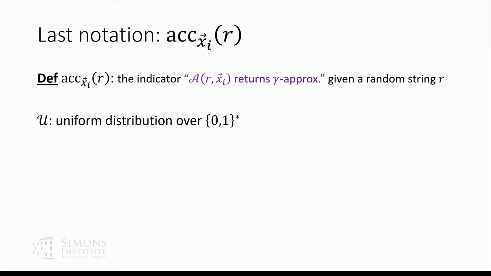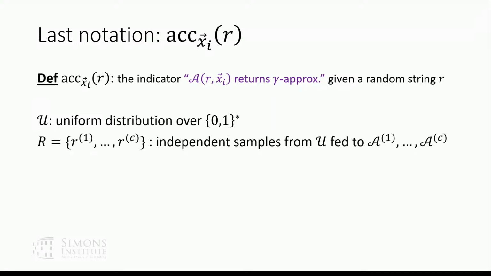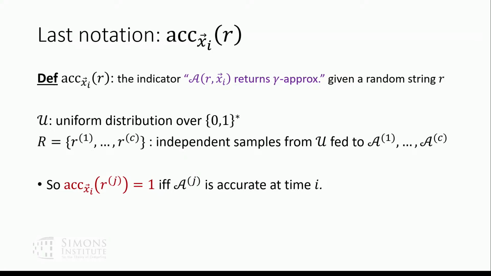I said that U is a uniform distribution, and R here is the collection of random strings that we feed to each copy of the non-robust algorithm. So from this notation, the accuracy of R_j for the update sequence up to i is 1 exactly if A_j is accurate at time i. That's the notation.